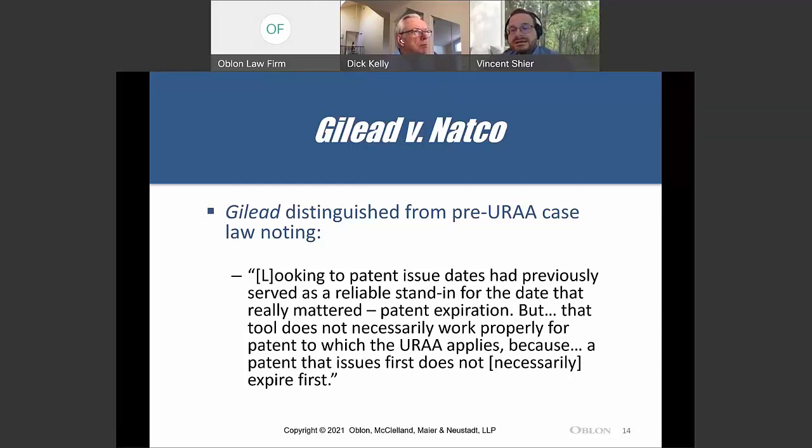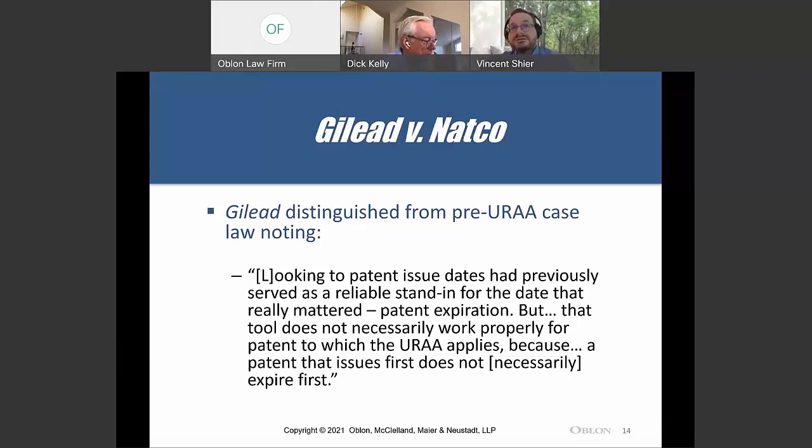But when we look at Gilead and we're looking at a post-URAA scenario, the problem with gamesmanship is that inventors could routinely orchestrate patent term extension by filing serial applications on obvious modifications of an invention, and they could just simply play with a priority claim of the applications.